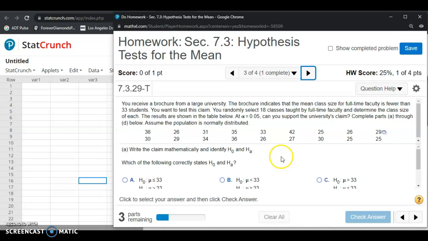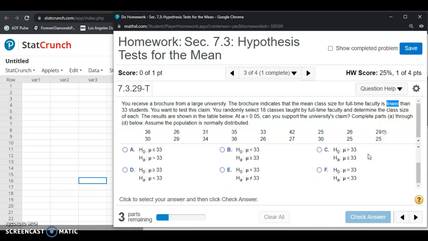In the problem, the claim is that the class size for full-time faculty is fewer than 33 students. So think about what symbol that would be in the alternative hypothesis. If you correctly determine that fewer than translates to less than, you would be correct.